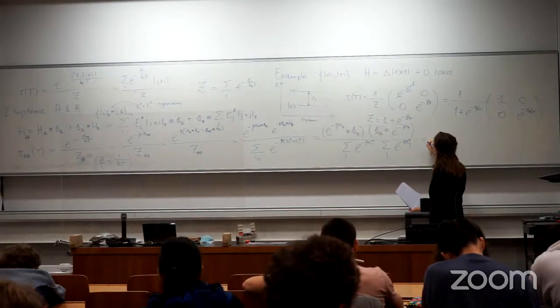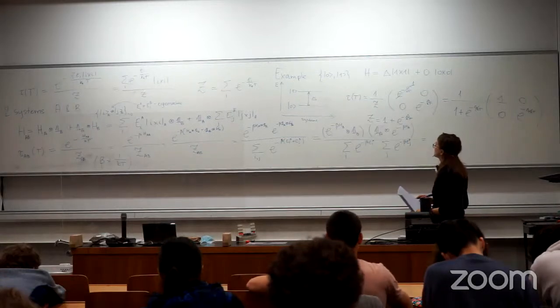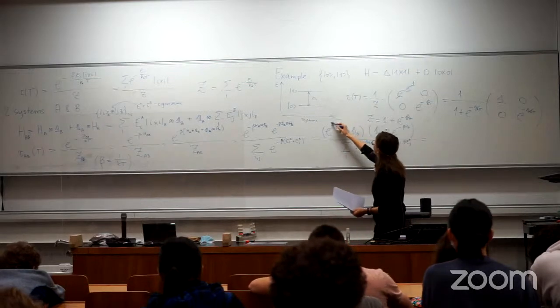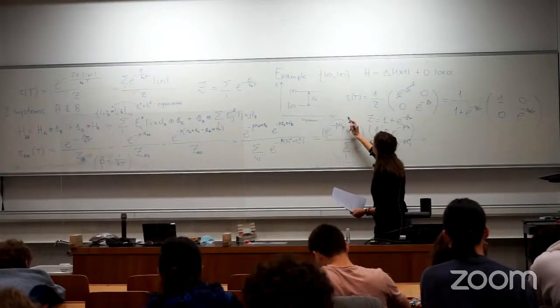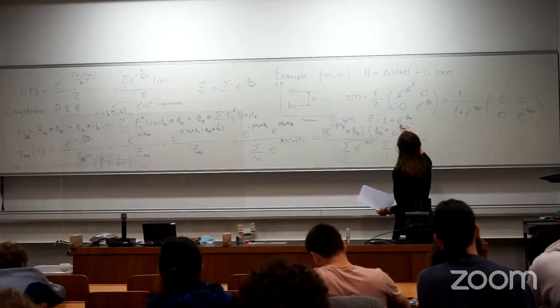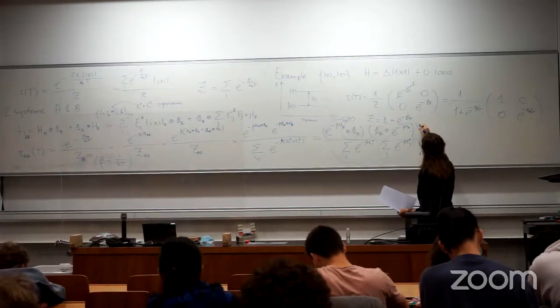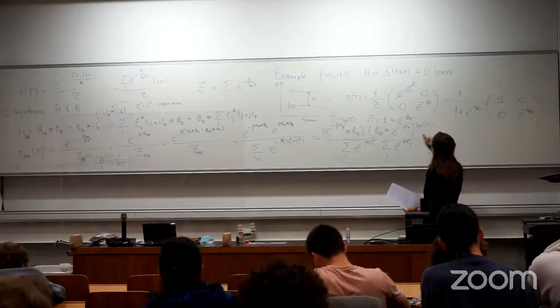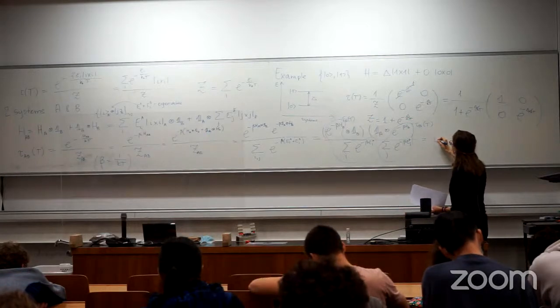And then what we will get, these two will give us the thermal state on A at temperature T, and these two will give us the thermal state on B at temperature T. And we will get that this is just the tensor product.